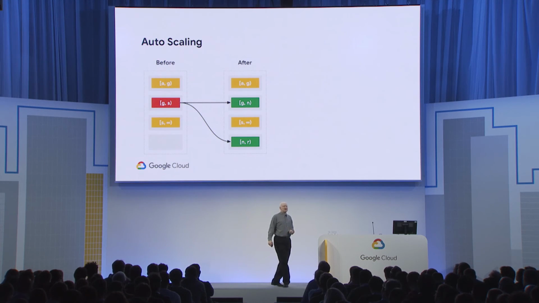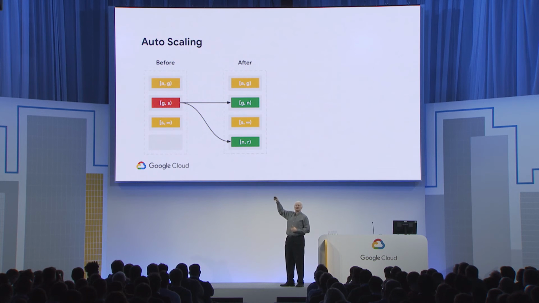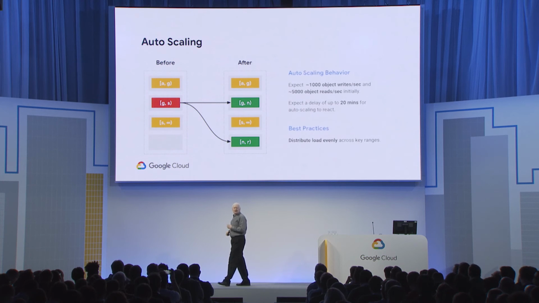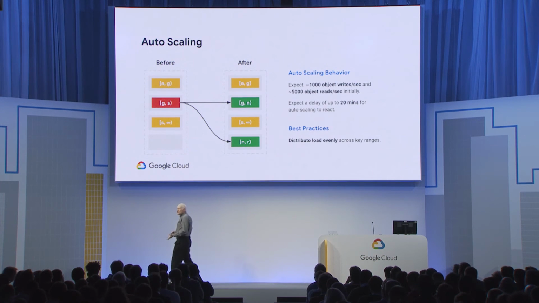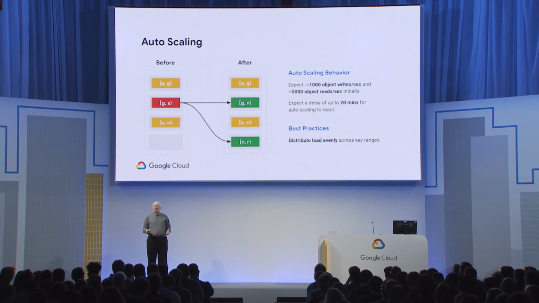So what we're doing is we're splitting the node. This is a case where the middle part of the alphabet is hot. We're splitting it in order to reduce the load on that shard. This works really well most of the time.